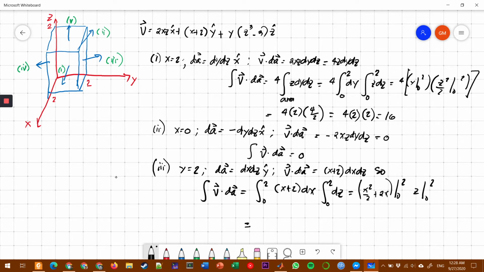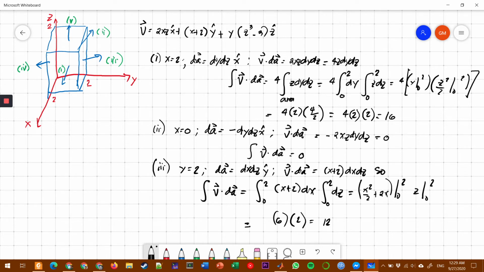So this becomes 4 divided by 2, just 2, plus 2 times 2, so you have 4. So this is 4 plus 2, then we have 6 times 2, so it will give me 12. Okay, so it's 12.